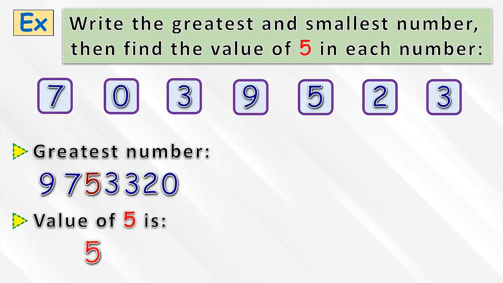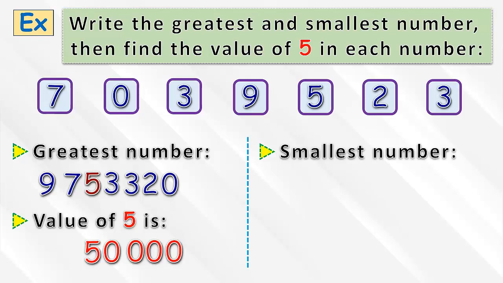Now, let us determine the value of the number 5 in this number. Since the number 5 is standing in the ten thousands column, its value will be equal to 50,000. Now, let's form the smallest number. As we are accustomed to, we will start with the smallest number, but because the smallest number here is the 0, we will write the smallest digit after it, which is the 2.